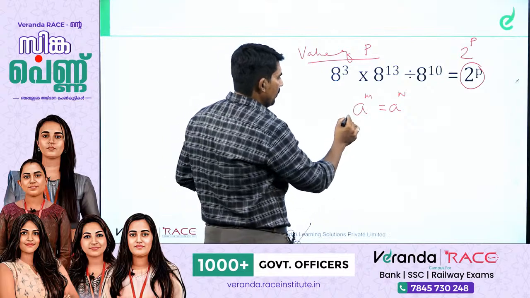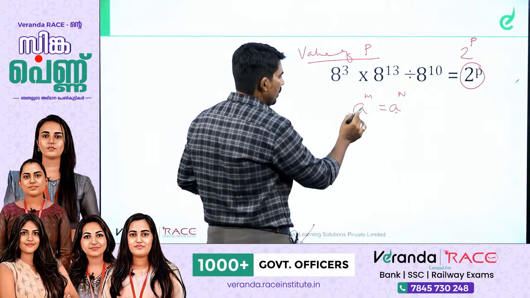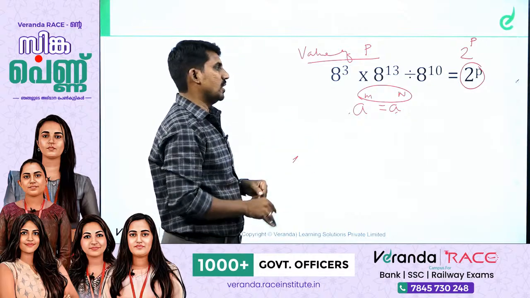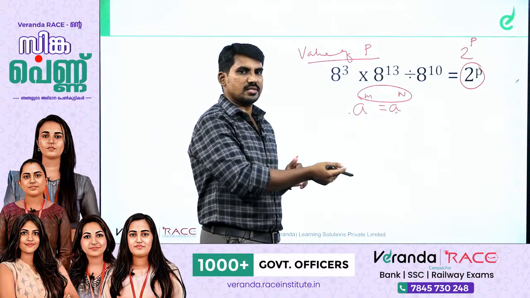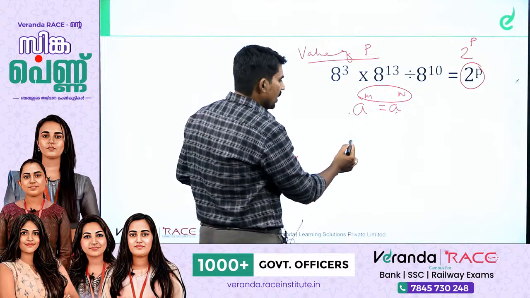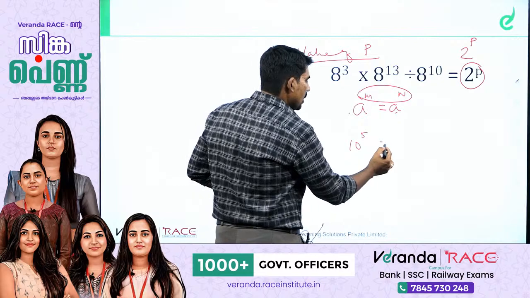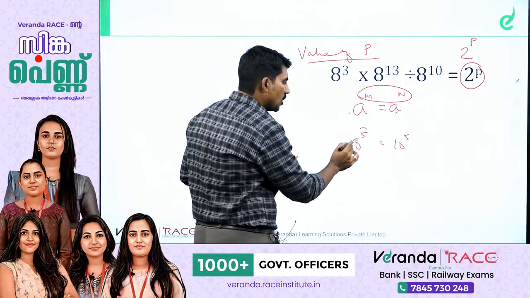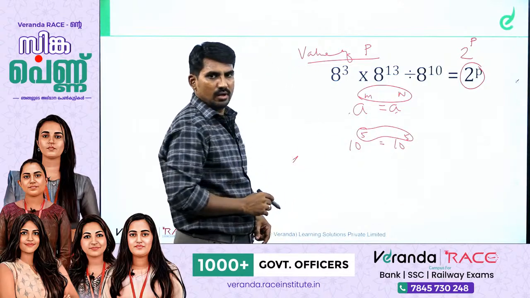Whenever base value same, we can equate the powers. Whenever left hand side, right hand side base value same, we can equate the powers. For example, 10 power 5 is equal to 10 power 5. Base value same, powers are equal, that is the concept.